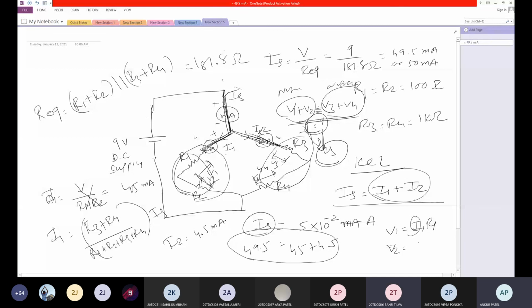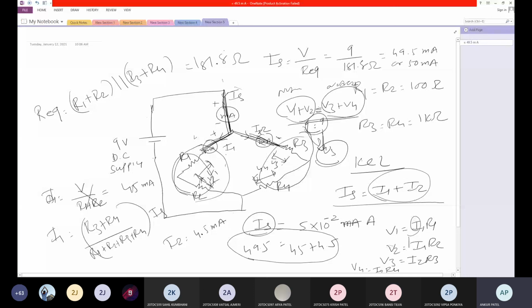V2 equal to I1 into R2. V3 equal to I2 into R3, and V4 equal to I2 into R4. So these are the theoretical calculations.